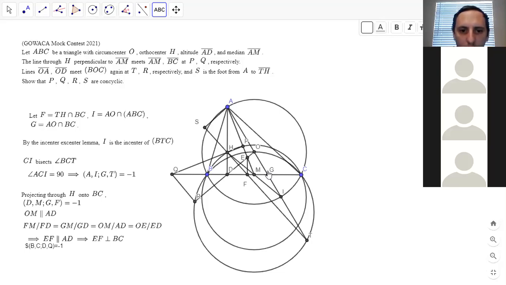Well, I guess if you project through H, then you would get... why are they in harmonic conjugation?